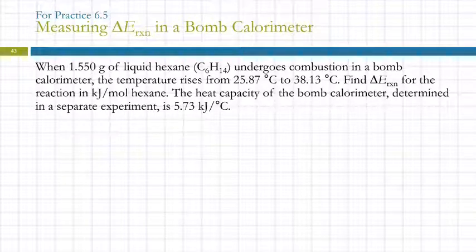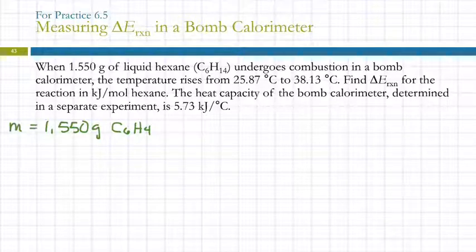Again, with lots and lots of numbers, let's pull them out. 1.550 grams of hexane, C6H14. That's a mass. Let's call it M sub H, mass of hexane.